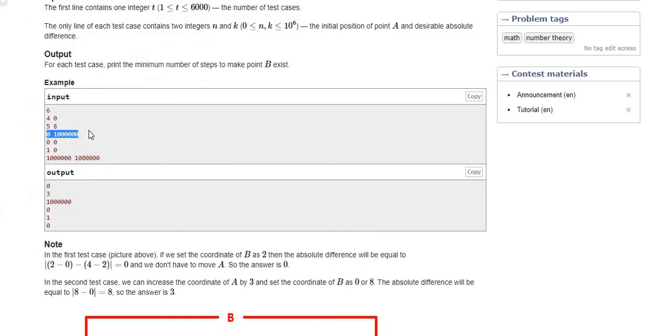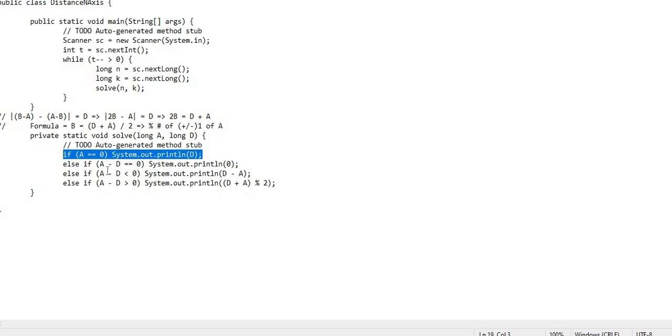Now again, if the values of A and D are the same, then the difference is 0, and in that case there is no need to perform any operation on the A value. So when A minus D is 0, the output has to be 0.